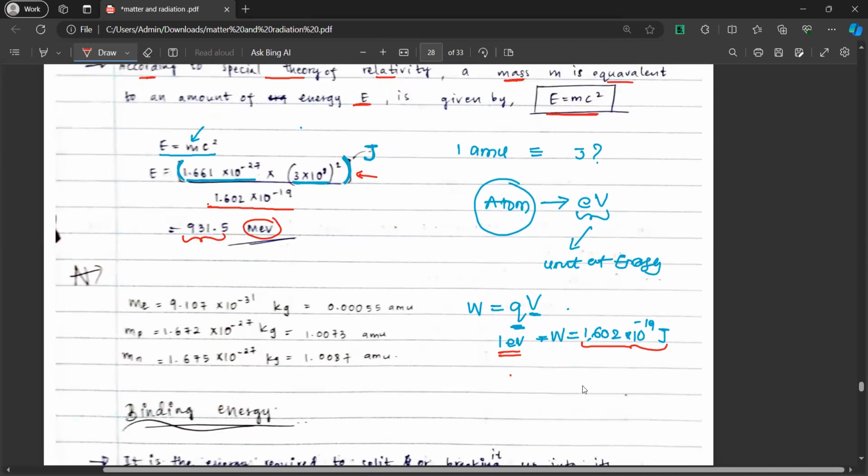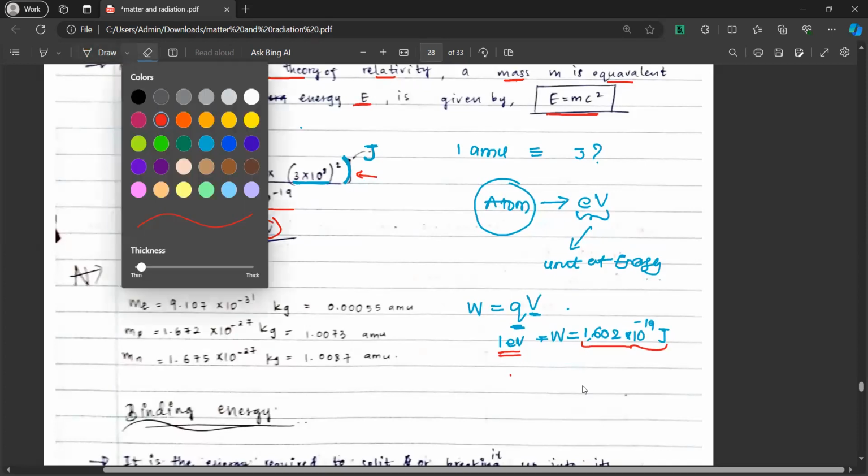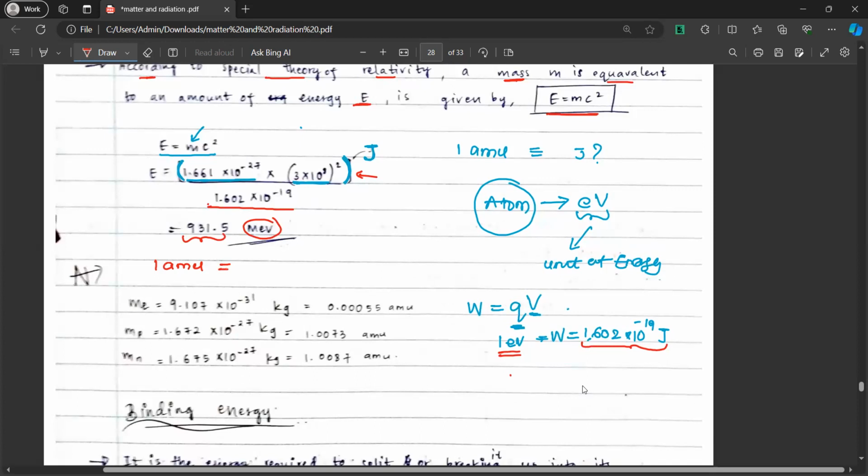So what we have done is, we have found that 1 AMU is similar to 931.5 mega electron volt.